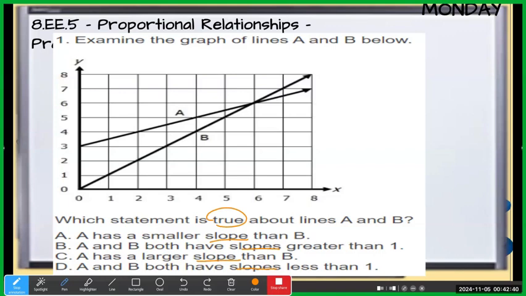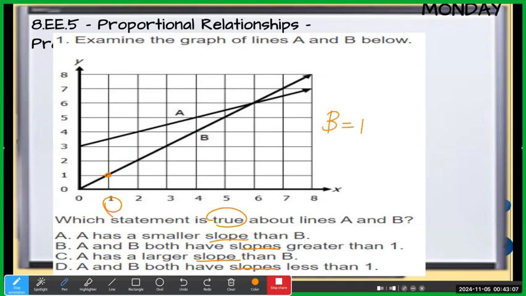Looking at A and B, which one is proportional? B. So I can find my slope of B by doing what? Y divided by x. I'm going to go to 1. So I know the slope of B is equal to 1.